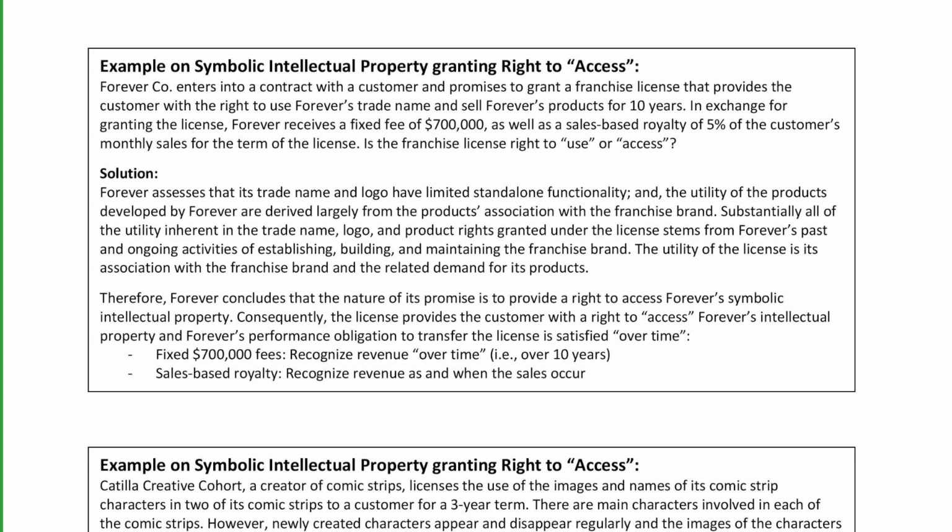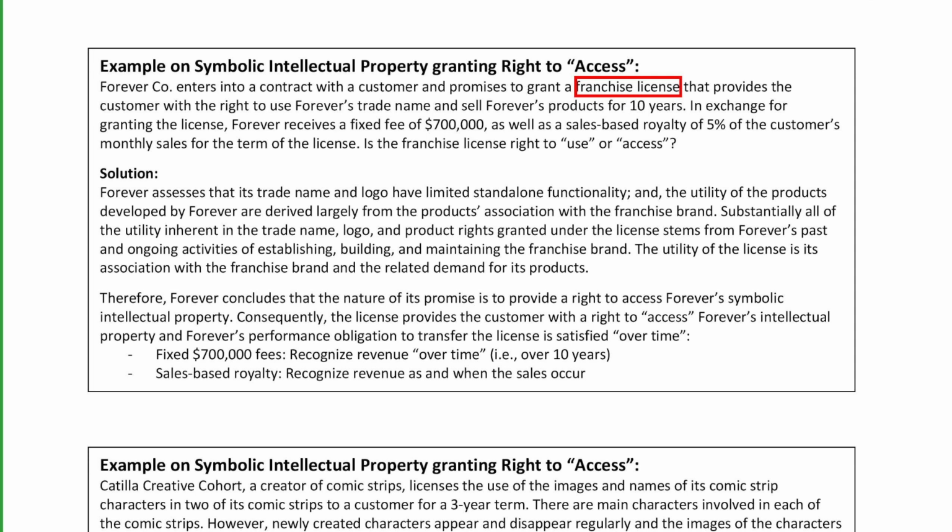Move to page 79, where we're looking at a couple of examples on symbolic intellectual property. So, Forever Company enters into a contract with a customer and promises to grant a franchise license that provides the customer with the right to use Forever's trade name and sell Forever's products for 10 years.